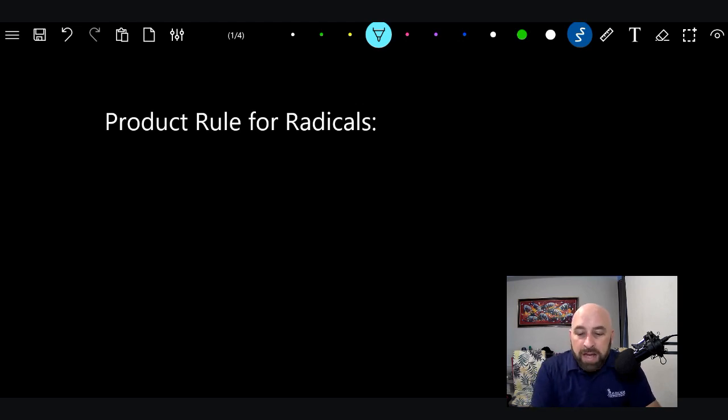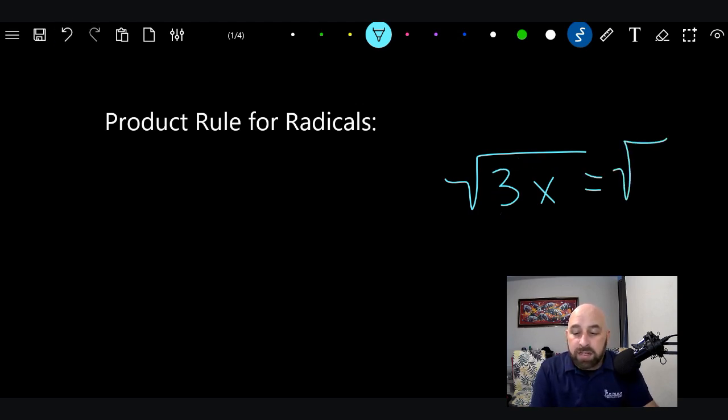So when we have something times something else inside the radical sign, like for instance, if I have 3x, well, I have 3 and x inside there. What is that? That's a multiplication. That is going to equal the square root of 3 times the square root of x.